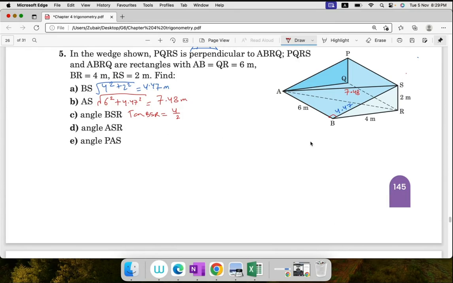Harish, you're getting the other angle, which is 26.56. He asked for BSR, the one at the top. So 4 is going to be perpendicular and 2 is base. So tan inverse of 4 by 2, that is 2. So BSR is 63.4.